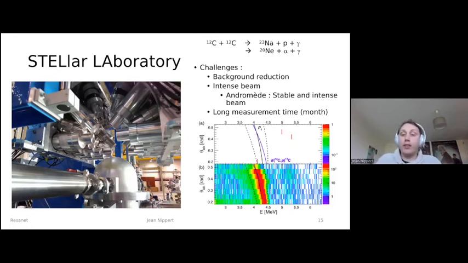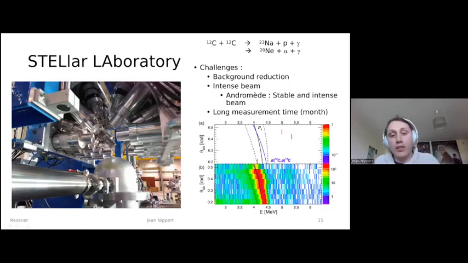And you can see on the top the spectrum cleaned with the coincidences, and you don't see any deuterium anymore, and this is really the strength of this experiment.